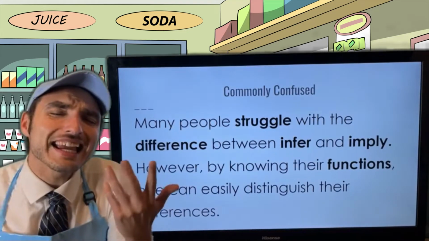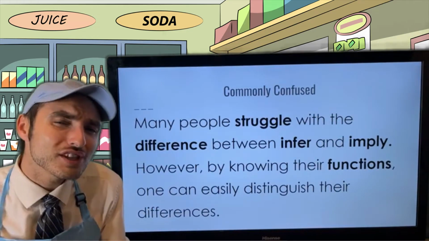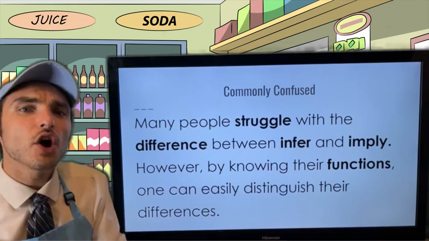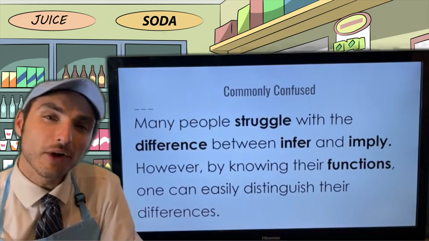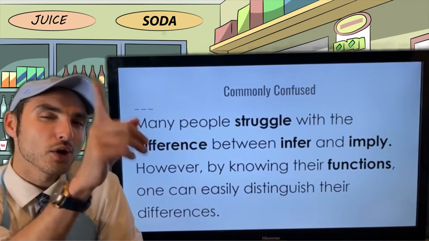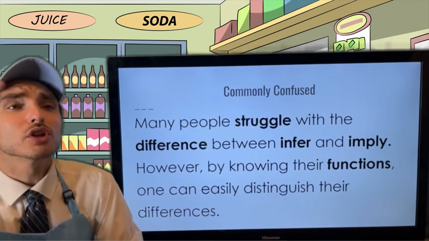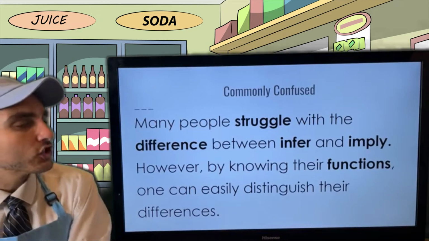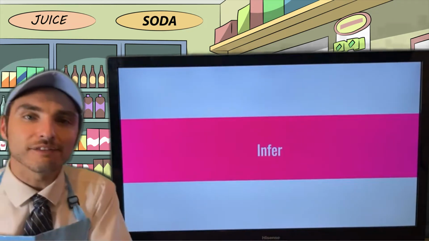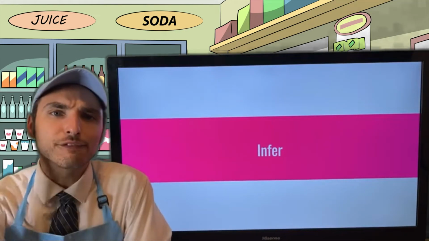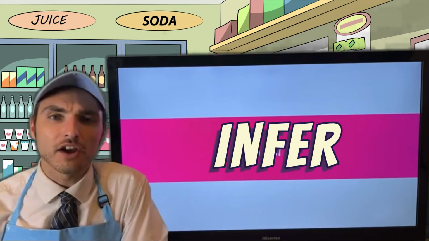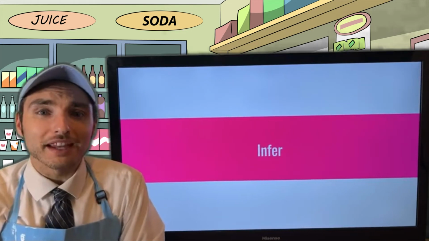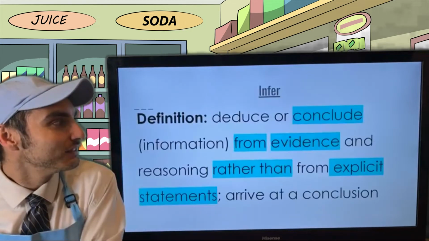And again, it's a commonly confused type of mistake, where people don't necessarily know the difference. But by knowing their function, we're going to make it that much easier. And I want to start with the word infer. Infer. I-N-F-E-R. But what does infer mean? I'm so happy you asked.